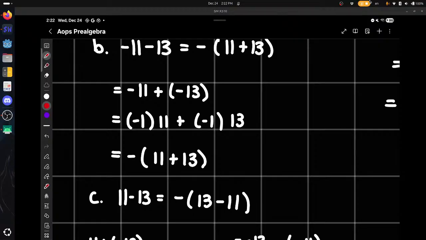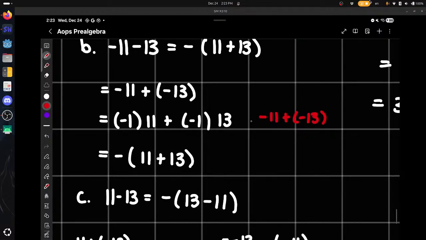I gotta think about this now. How did they do that? So, took the definition of subtraction. I got this result. I then say that, okay.